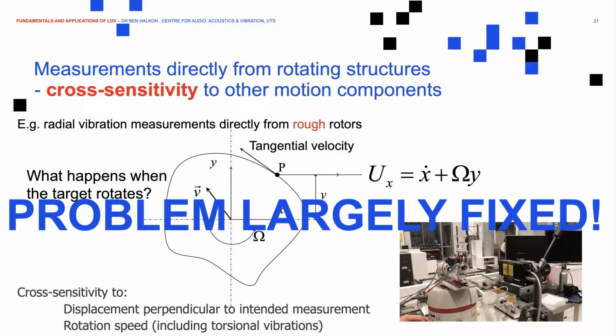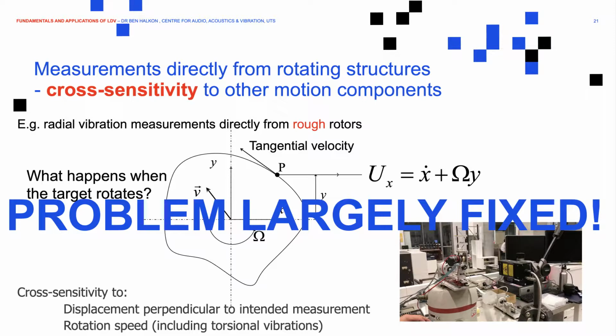This describes why. There's some maths on here. This describes why, I should say, that aside from the insensitivity to translational vibrations, for single beam measurements rather than dual beam measurements, we are sensitive, unfortunately, in the context of rotating systems, to the component in the orthogonal direction to that which we're interested in. So here I've got X and Y. If this thing just vibrates in X without moving, we make the intended measurement.